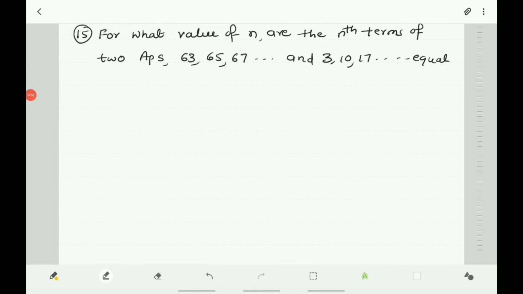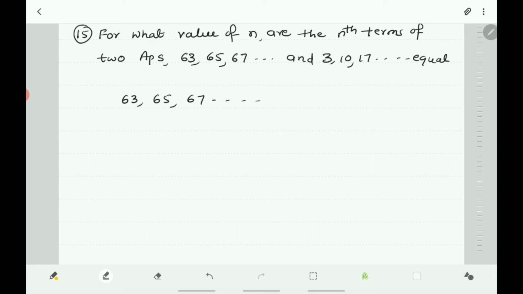15th question. For what value of n are the nth terms of two APs 63, 65, 67 and 3, 10, 17 equal? So you take the first AP 63, 65, 67.